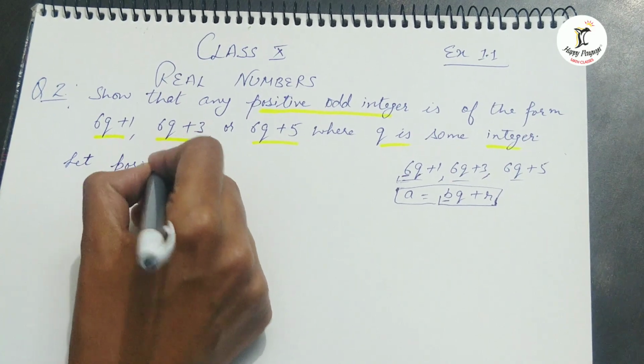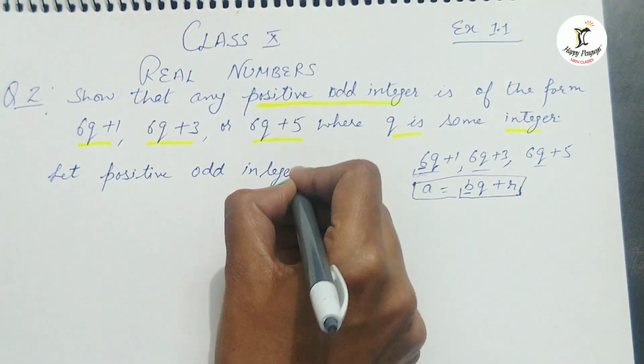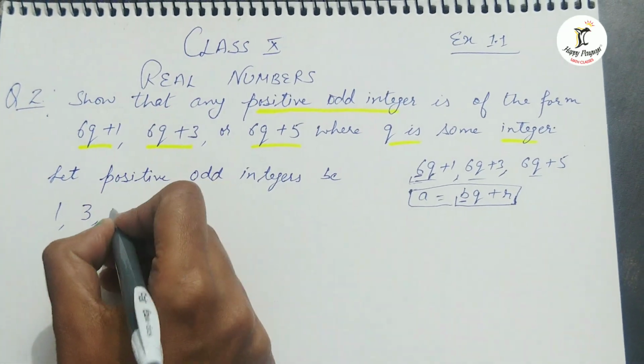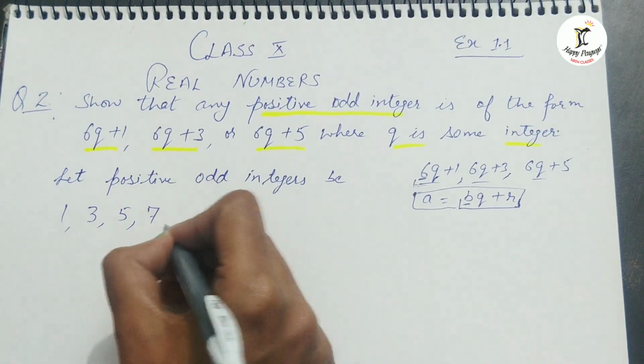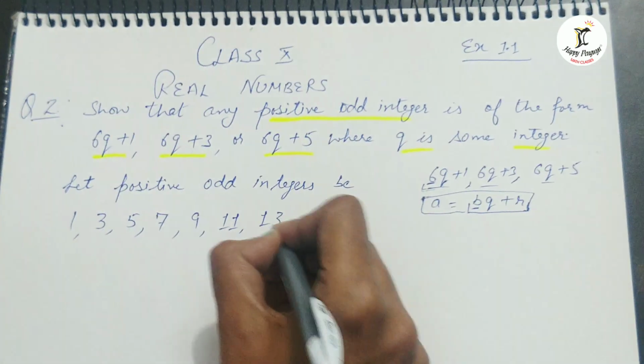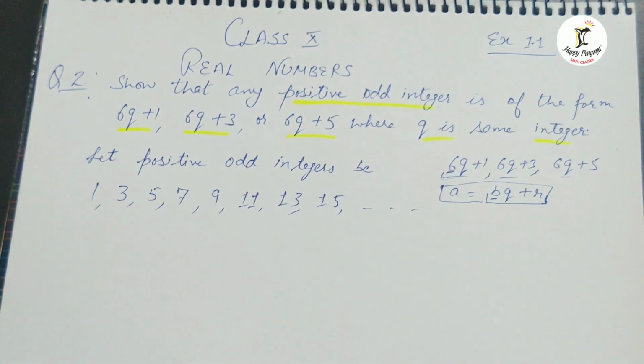Let positive odd integers be 1, 3, 5, 7, 9, 11, 13, 15 and so on.